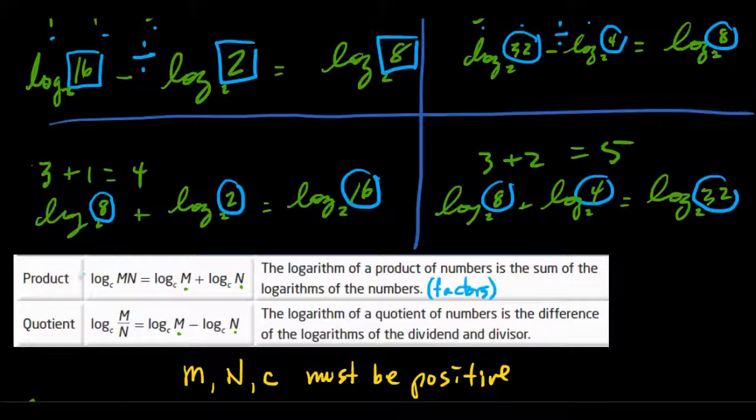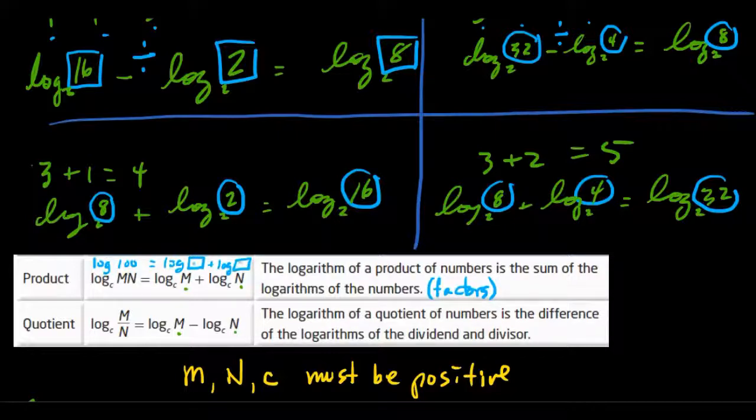Any number that can be written as a product of 2 or more factors can also be written as the sum of their individual logarithms. That's basically what this says. So let's say we have log of 100. This can be written as log of some factor of 100 plus the log of the other factor of 100.